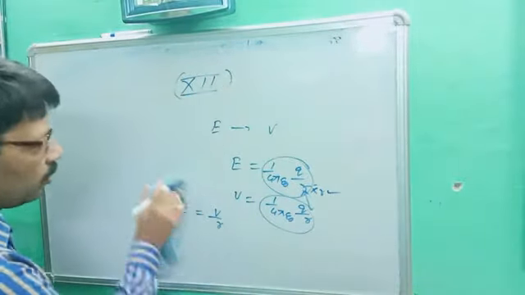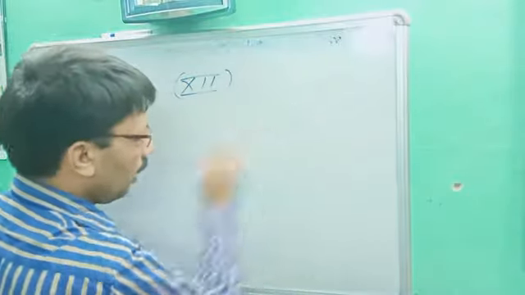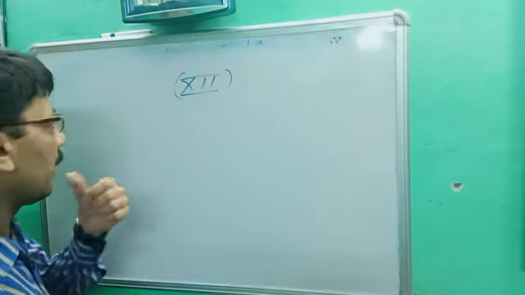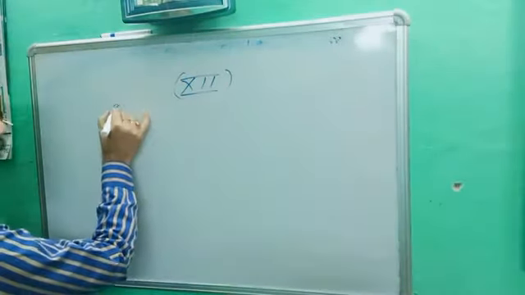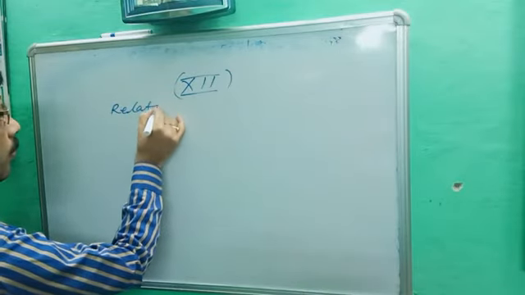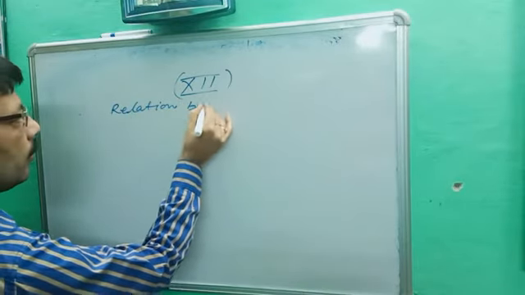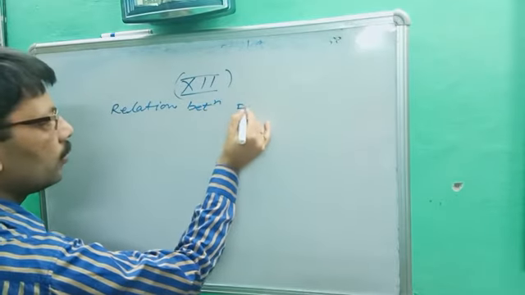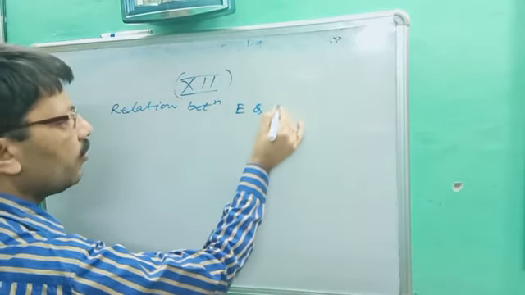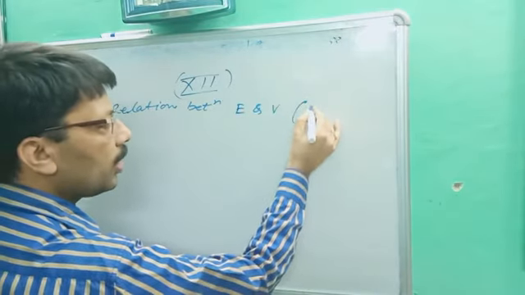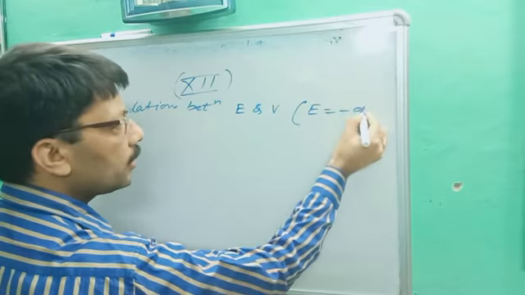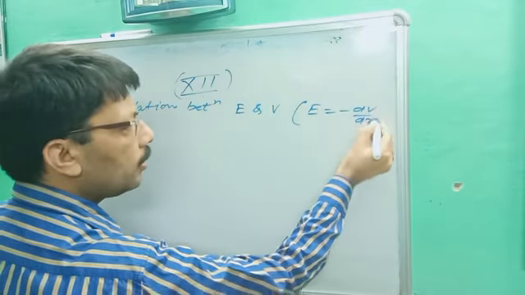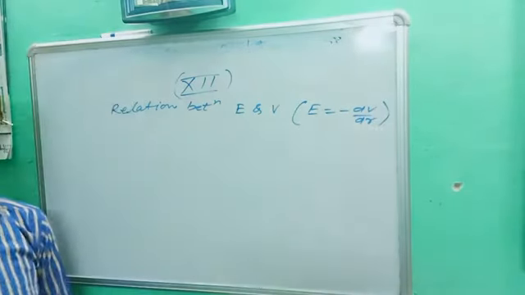Now we will go through the question, and our question is the relation between E and V, and that formula is very important. E is equal to minus dV upon dr. This is the formula on which we have to work.